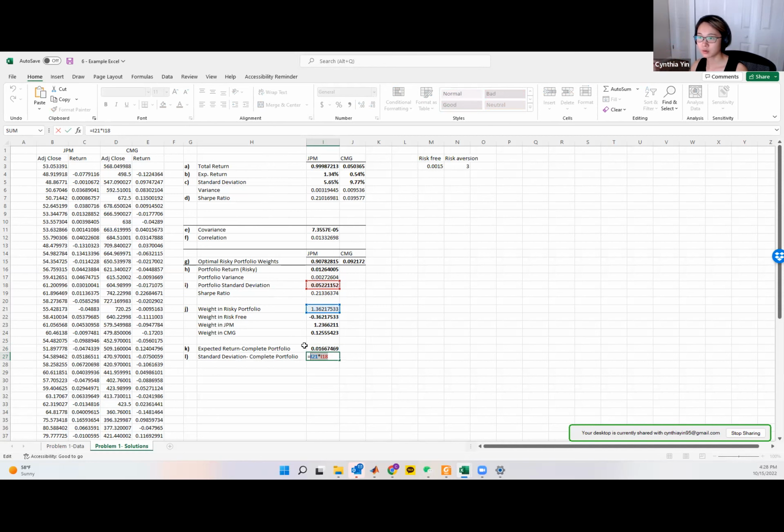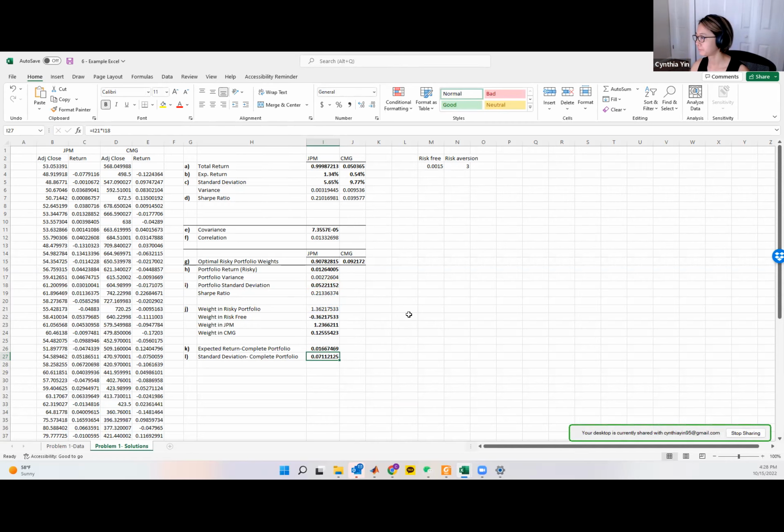In that scenario, your portfolio standard deviation will be Y, the portion in your risky asset, times the risky asset standard deviation. So Y here is 136% times the portfolio standard deviation, around 5%. So you get around 7% standard deviation of your complete portfolio.